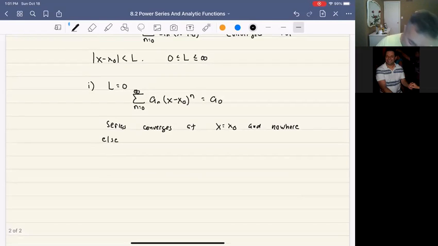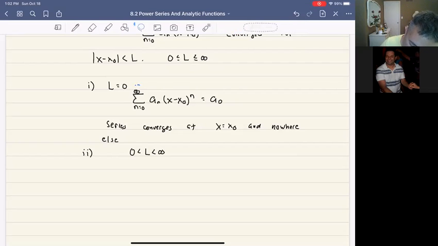Okay. The second case is that you could have some non-negative and non-finite L. So you could have some L between 0 and infinity, okay?